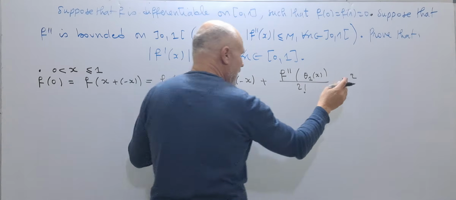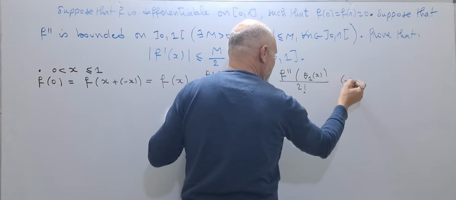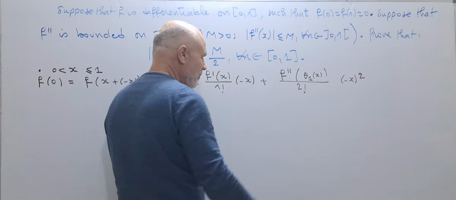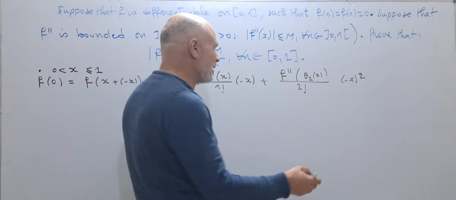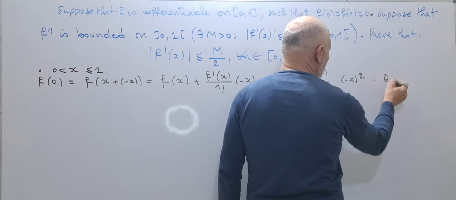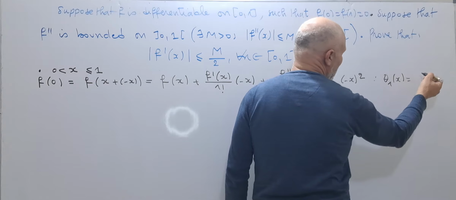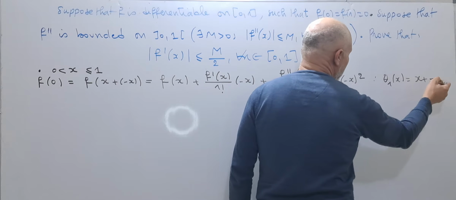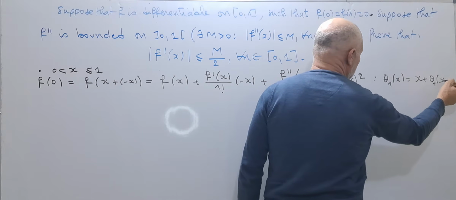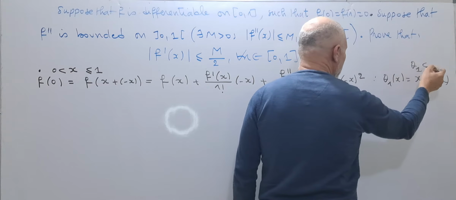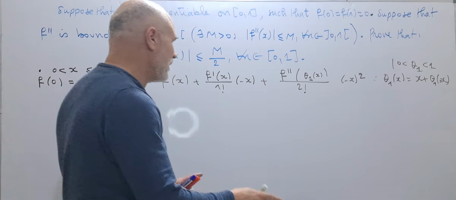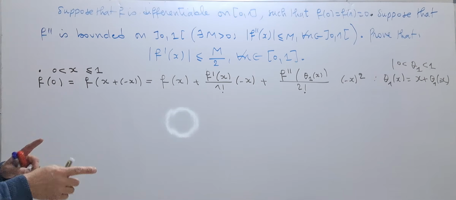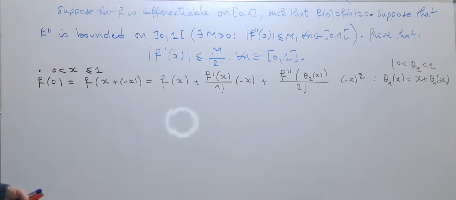Why x square? Actually, this is minus x square, so it is x square. And theta 1 of x can be x plus theta 1 times minus x, where theta 1 is between 0 and 1, a parameterization of the interval between x and minus x.